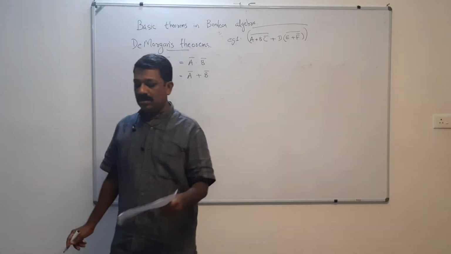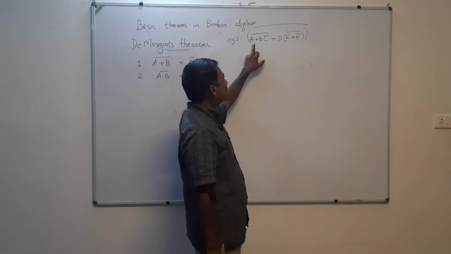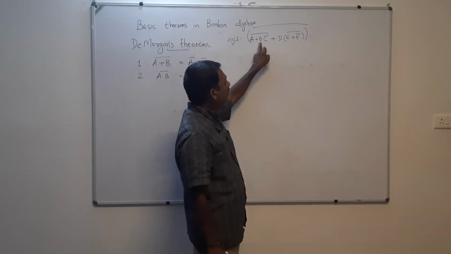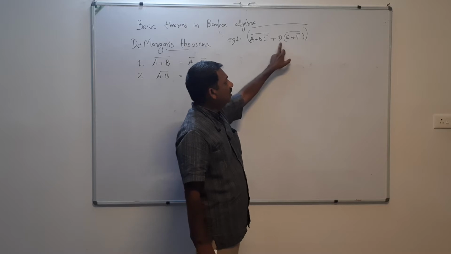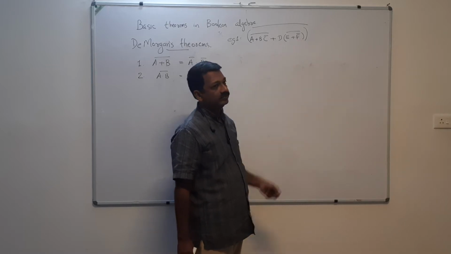This we are going to simplify. Here the literals are A, B, C bar, D, E, F bar.